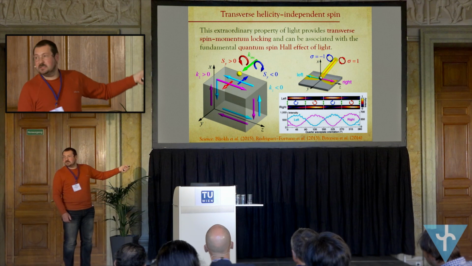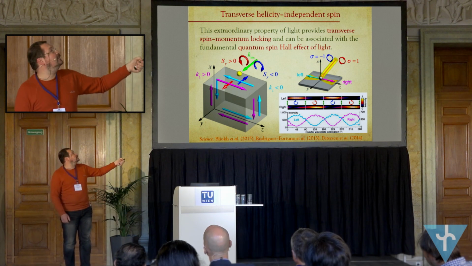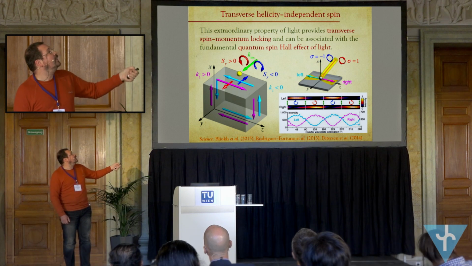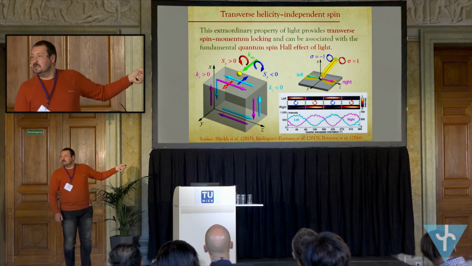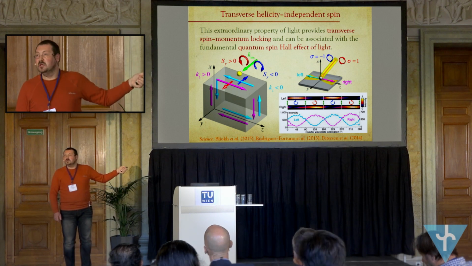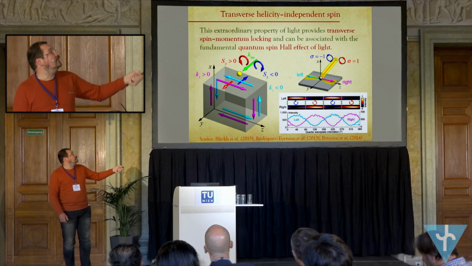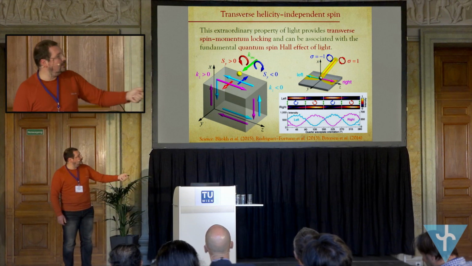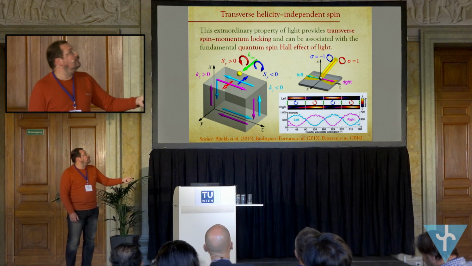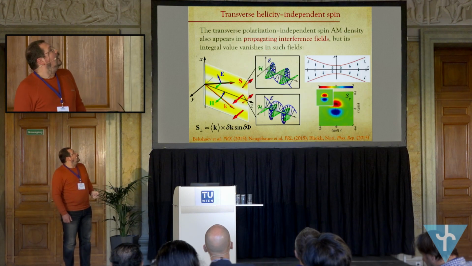This happens in optics, for instance, in plasmonics. When you have surface plasmon polaritons, which are surface electromagnetic states, they carry transverse spin, and changing the spin, you can change the propagation direction. So this is very similar to topological insulators for electrons. And there were recently several experiments published on this, confirming this prediction. Okay.